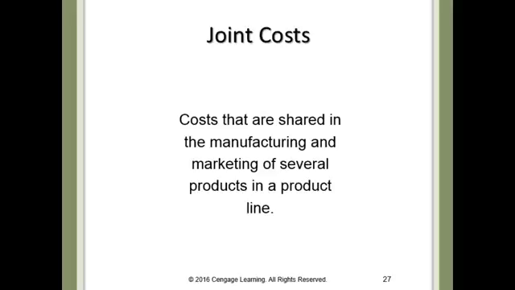Sometimes what companies will do is try to assign joint costs. For example, they could base the costs on a weight basis, on market value, or on quantity sold, rather than just an individual product cost.